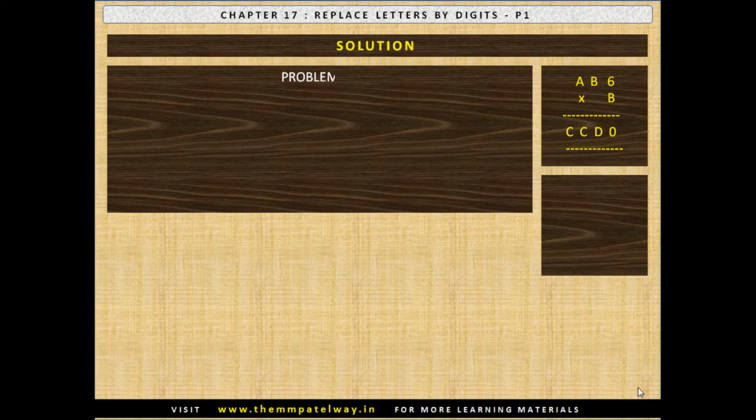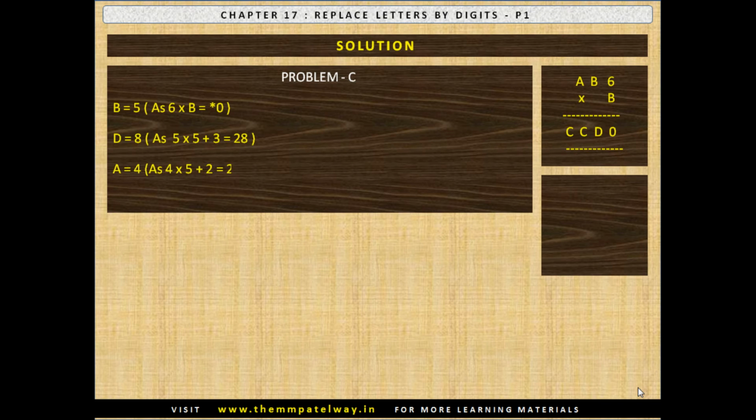Now let's come to the third problem, which was AB6 into B equals CCD0. Here B will be equal to 5 as 6 into B equals star 0. D will be equal to 8 as 5 into 5 plus 3 equals 28.